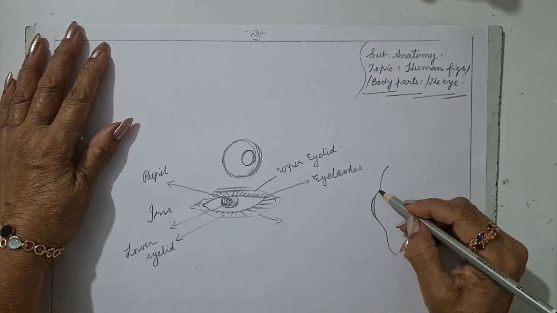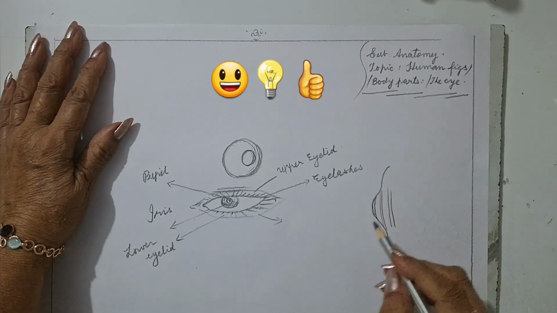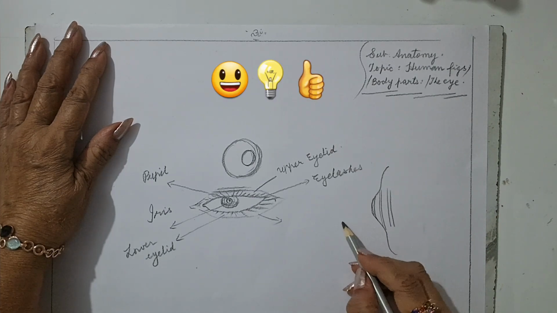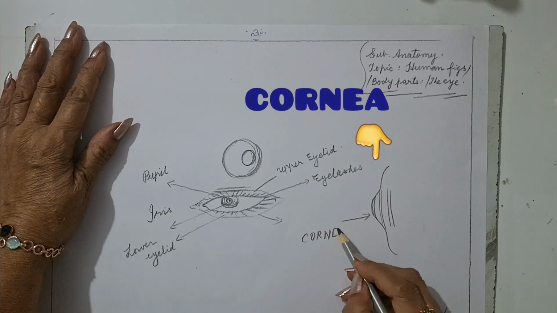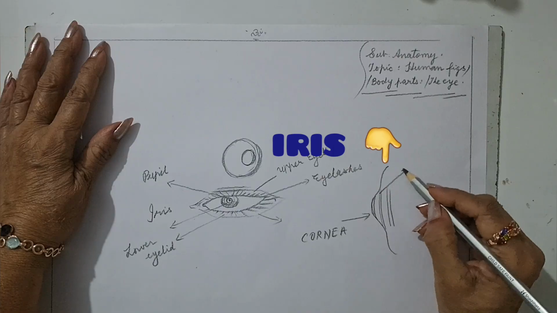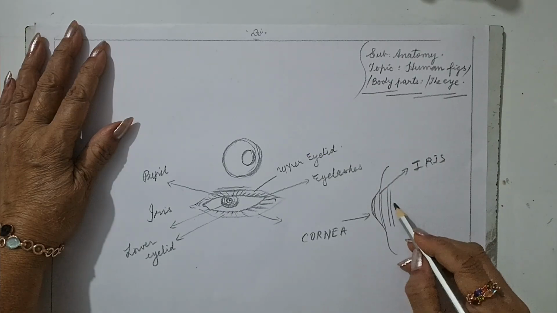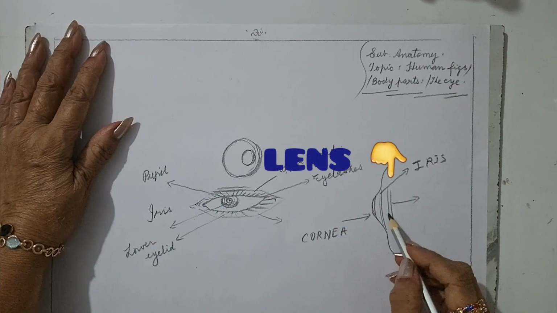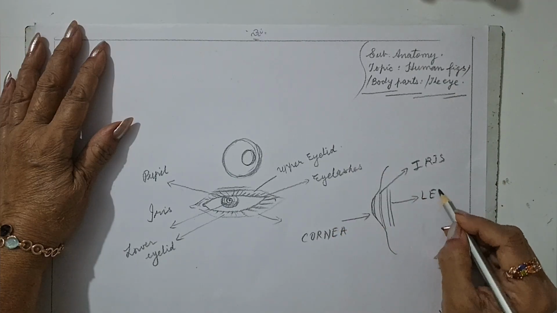Now do you remember? Yes, this is the cornea. Iris is here, and these lenses are behind the iris. You can't see it.